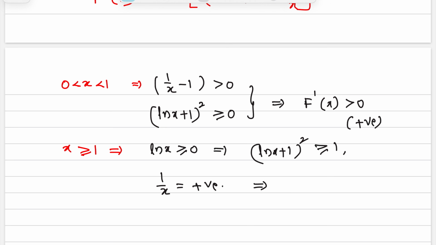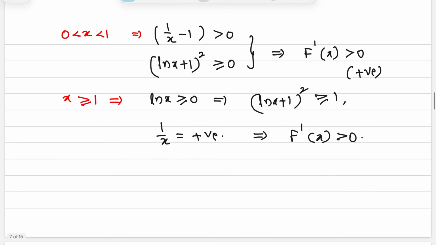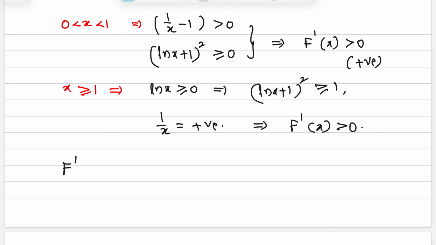That implies f'(x) is always positive. That means f'(x), for any value of x greater than 0, is positive.